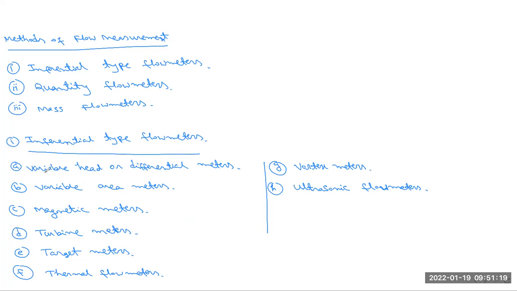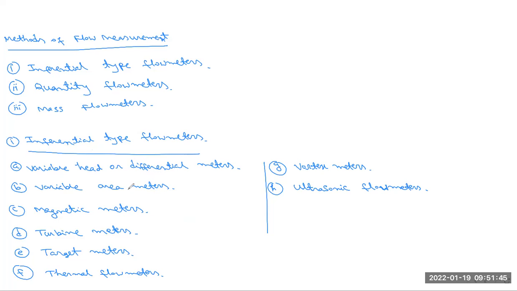Number one, variable head or differential meters, which we will discuss one by one. In application, we use different heads or patterns, sometimes the difference between different architecture formats, differential head or variable head type meters.